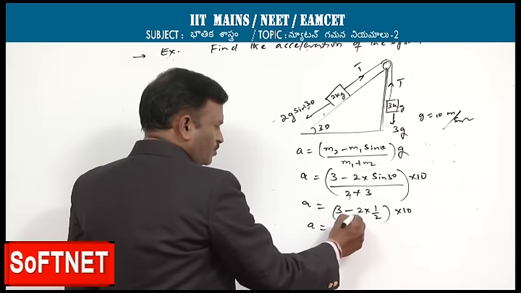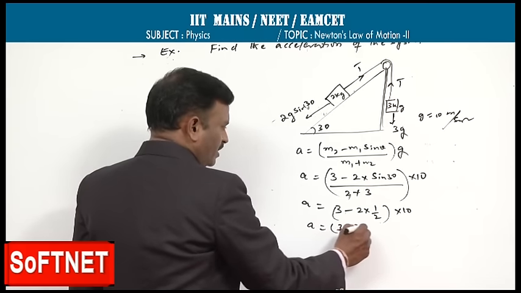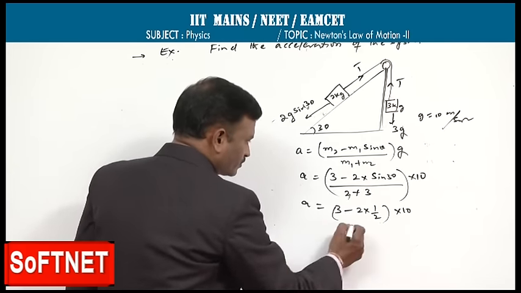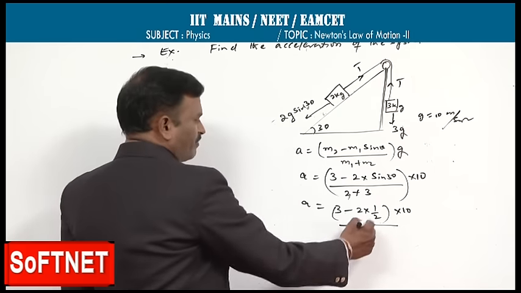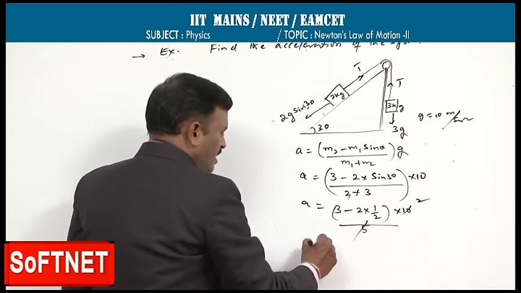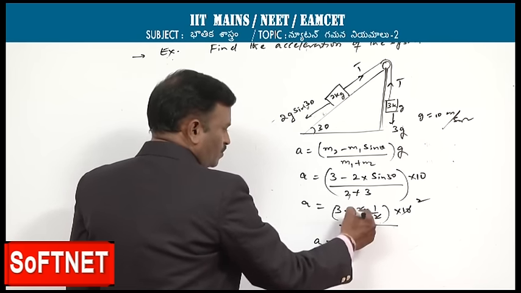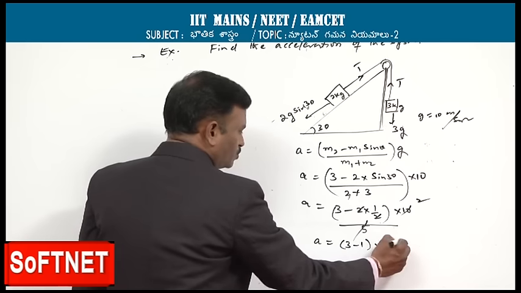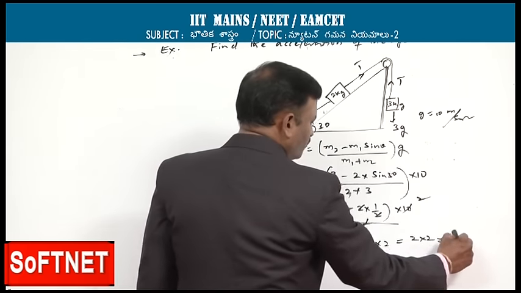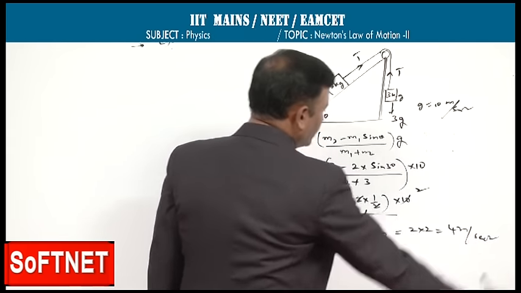So a is equal to 3 minus 1 by 5, that is 2 into 10 by 5, which is 4 meter per second square.